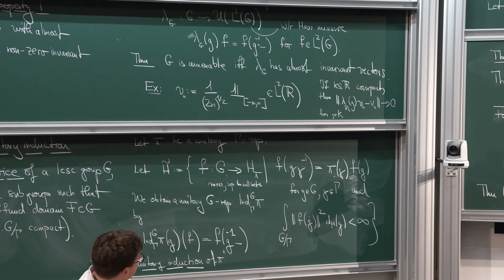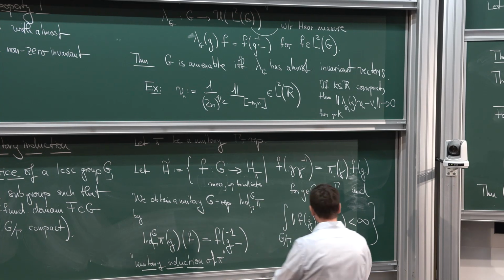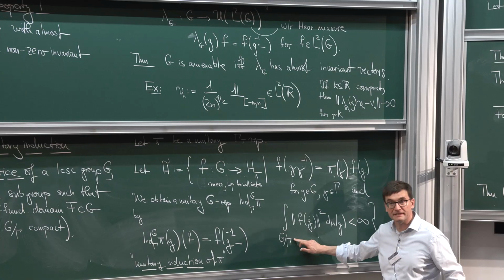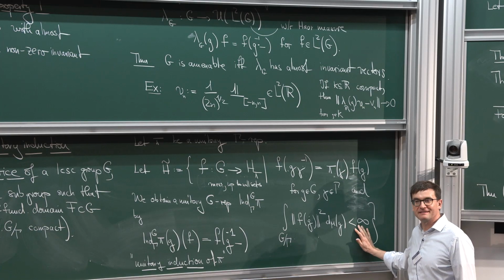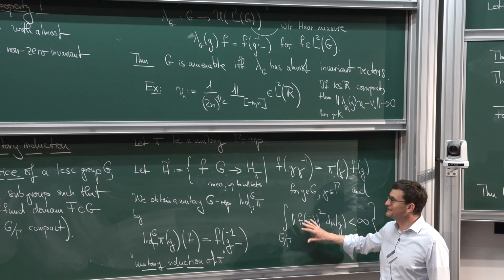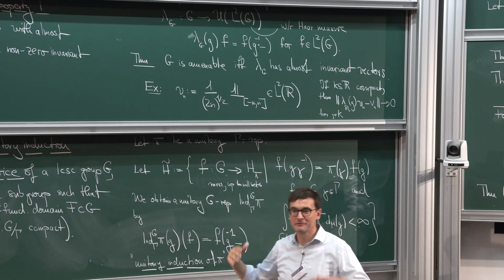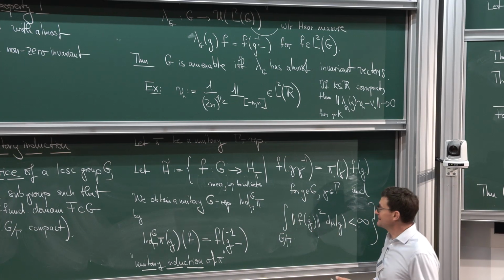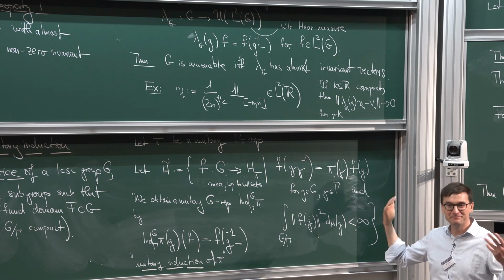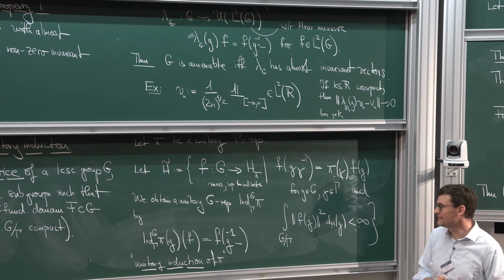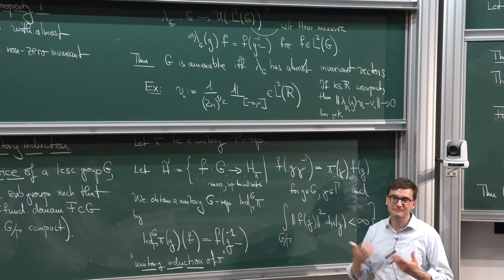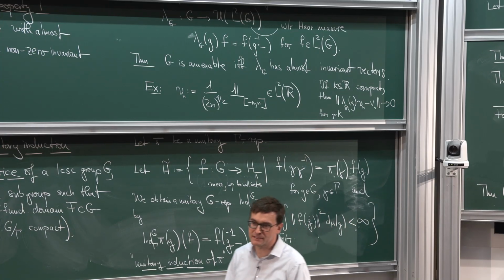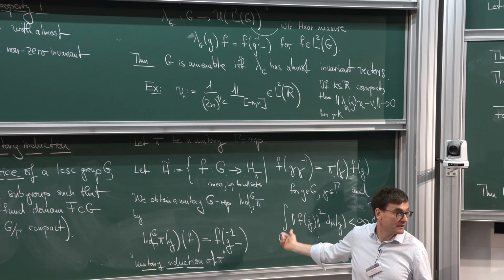I don't use that the volume here is finite in the definition; I can just impose this as a condition. The only thing is that the fact that this is finite gives you a certain richness. This thing is rich enough, in a certain sense bigger than the original representation. If you don't assume this for gamma, this might not be the case, so it might be a very small thing. But you can impose this condition and write it down.